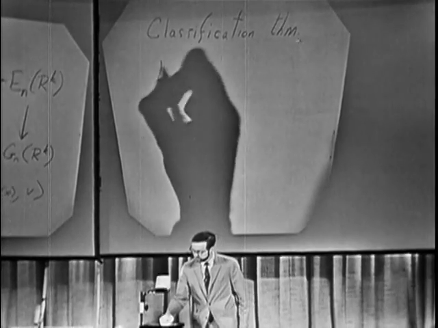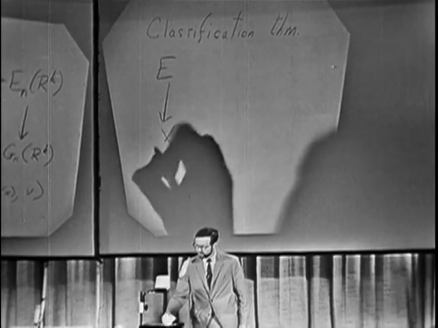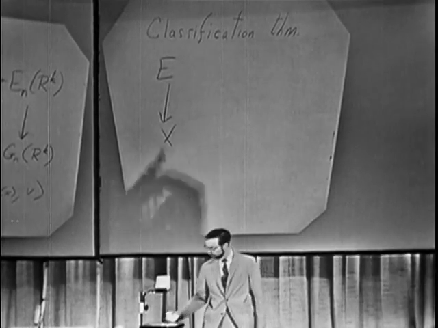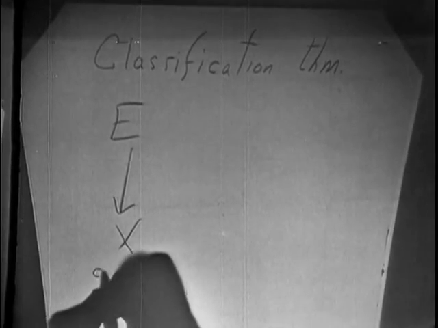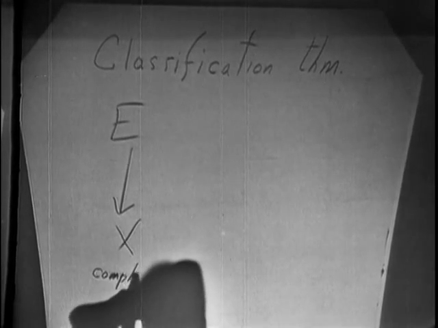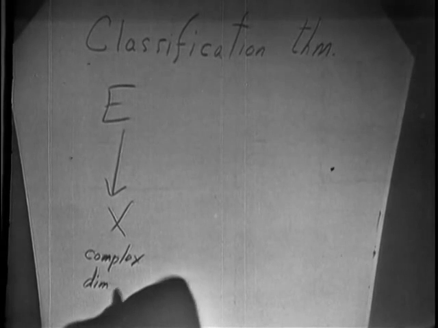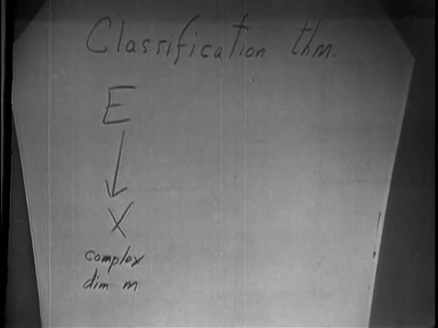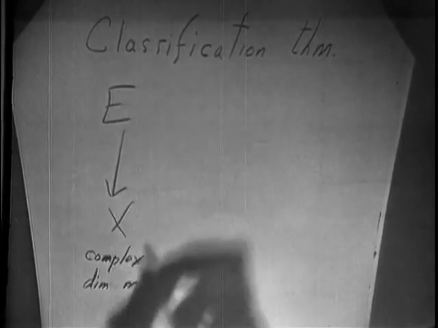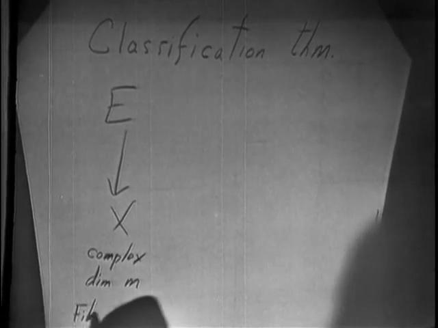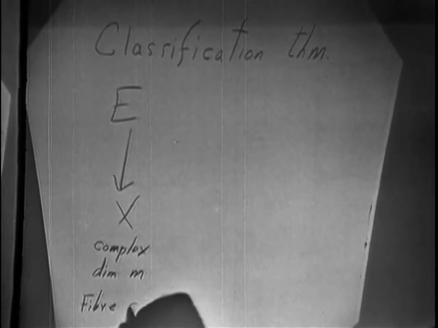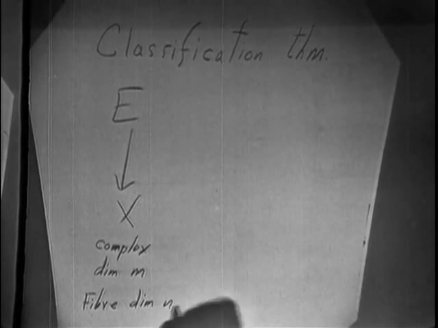Suppose we look at vector bundles, this type, where say x is a simplicial complex of dimension, say, m, and we have the fiber is a vector space of dimension n.